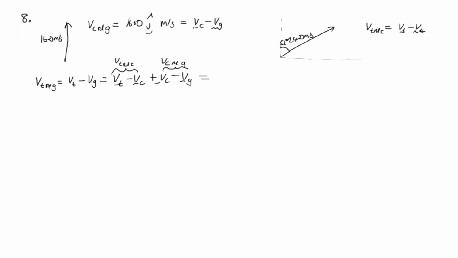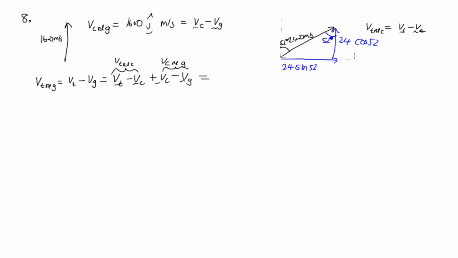So we'll split this into a horizontal component here and a vertical component here. Now if this angle here is 52 degrees, this angle in here must also be 52 degrees, because these are alternate angles and this line is parallel to this line. So we can say, well, here this is 24 and this is opposite, so it's times sine 52, and this one's going to be 24 times cos 52 because it's adjacent to the 52 degrees there.